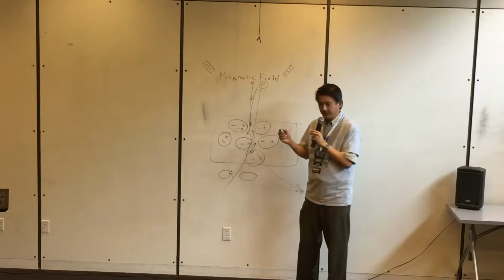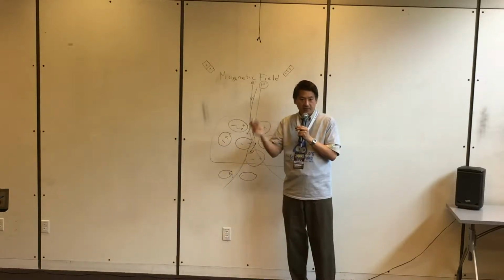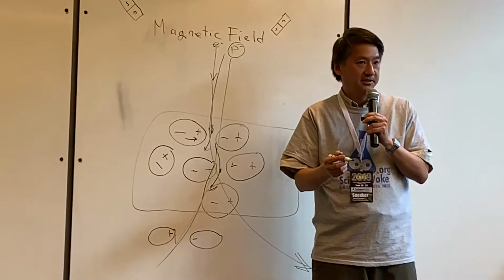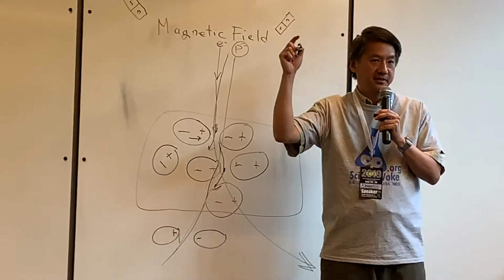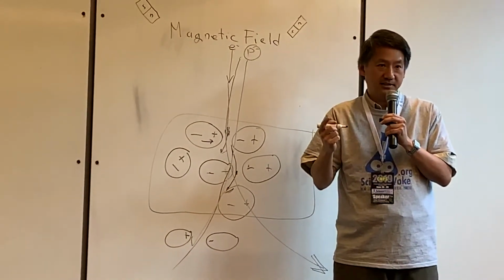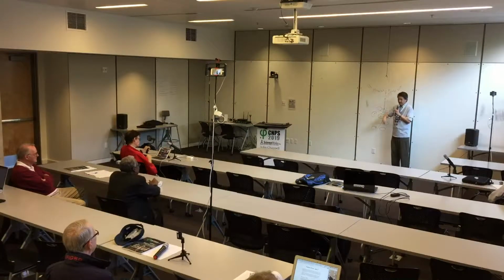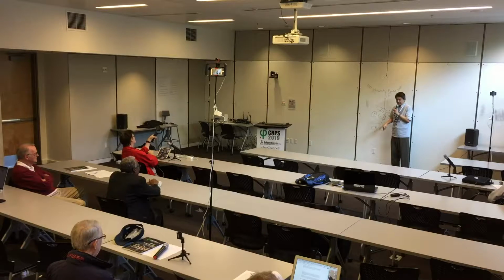Because if you think that, for example, the magnetic field is actually a flow of particles around the magnet, then you could see that it will deflect the electron one way, but you would also think that it would deflect the positron the same way. If it's in a flow, it has to deflect every particle in the same direction.